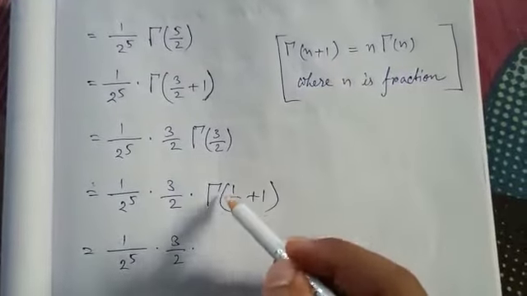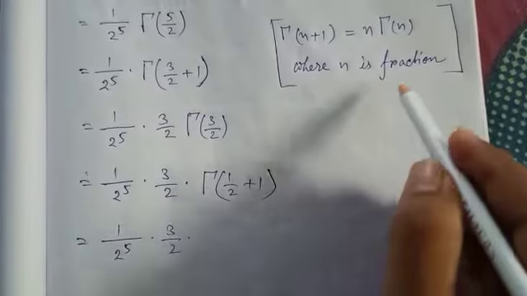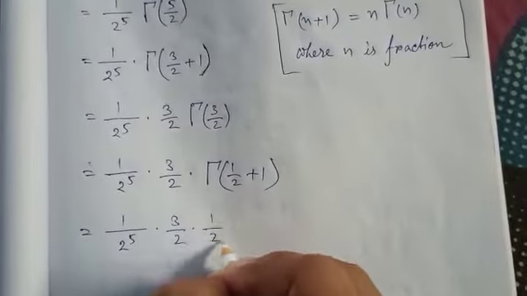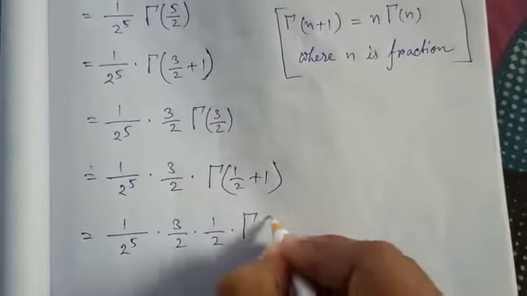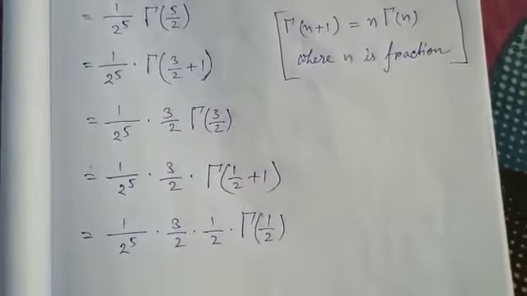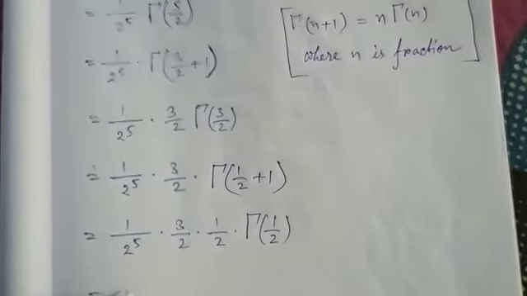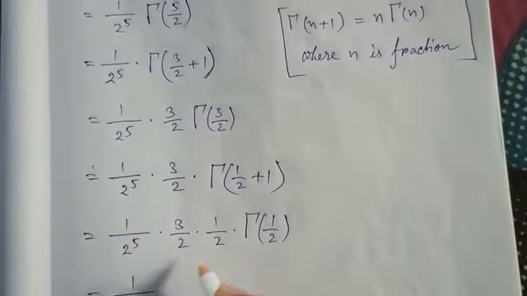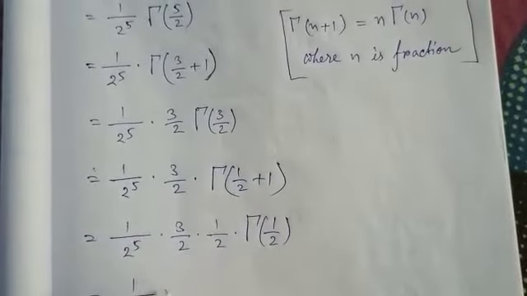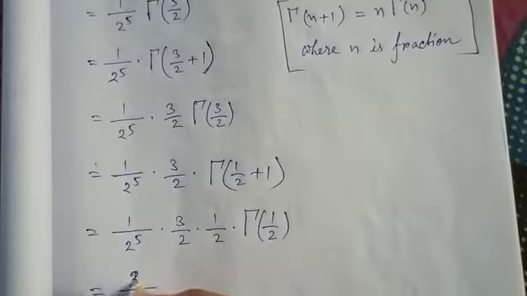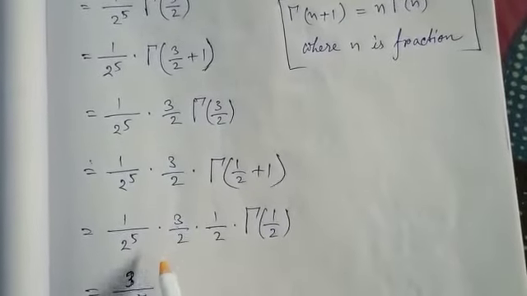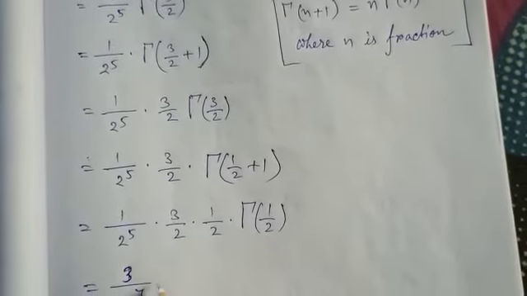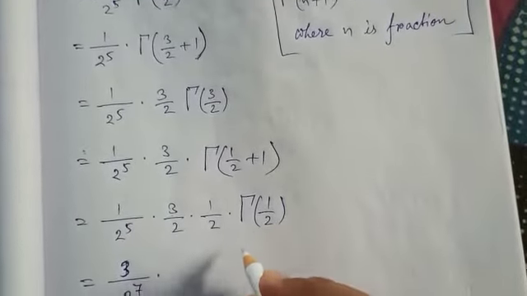Here n is half and half is a fractional number, so half into gamma of half, is equal to 1 over 2 to the power 5, 6, 7, that is 2 to the power 7, and 1 into 3, so 3 divided by 2 to the power 7 into gamma of half.